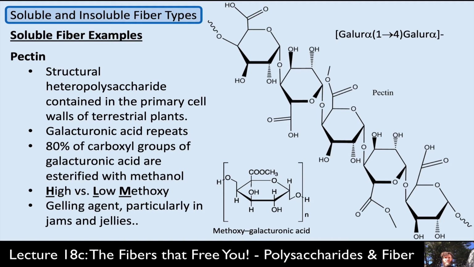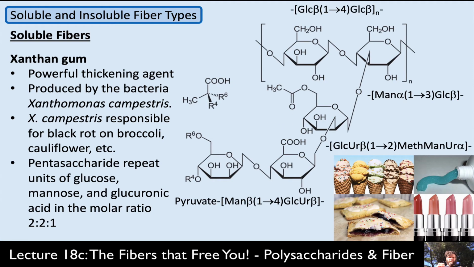And the relative percentage of the methyl esterification of the pectin is highly variable, and it's going to lead to these high versus low methoxy pectins that are in different fruits, and leads to the various gelling properties that pectin has. And so this is why certain fruits produce better jams and jellies than others. All right, I'm not going to go into that too much more.